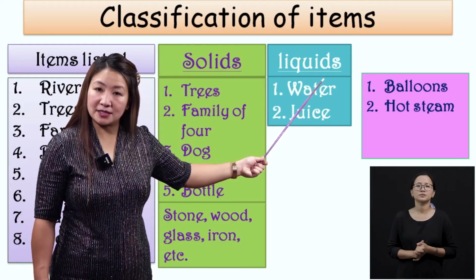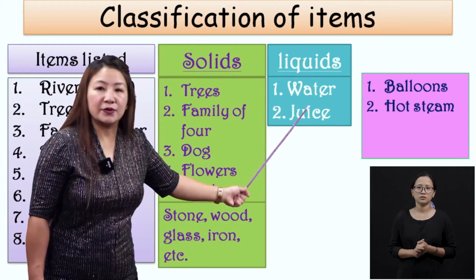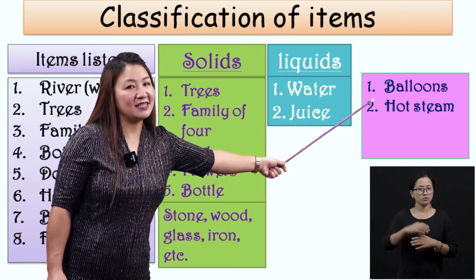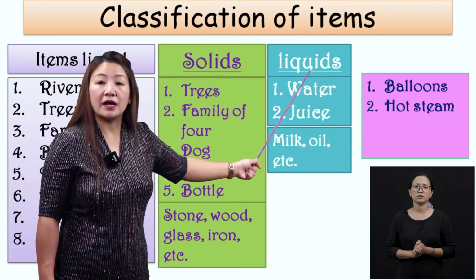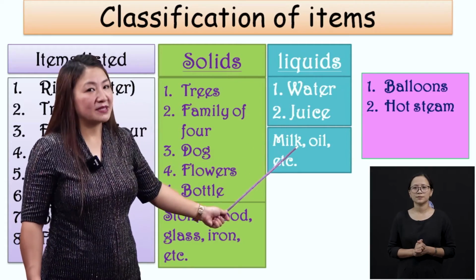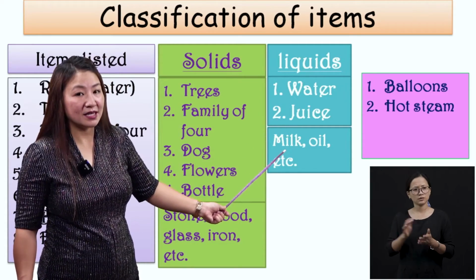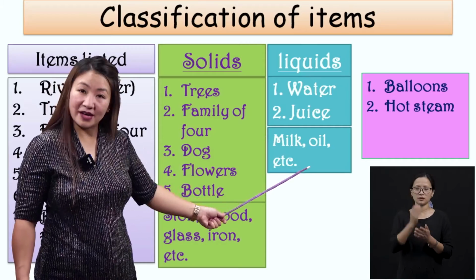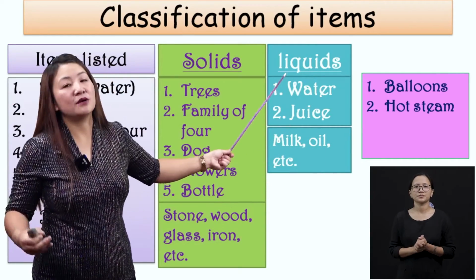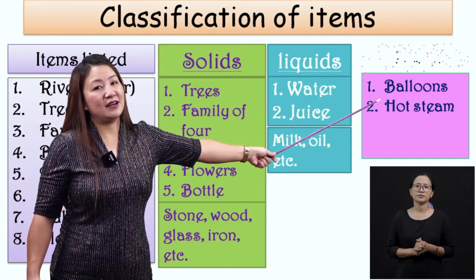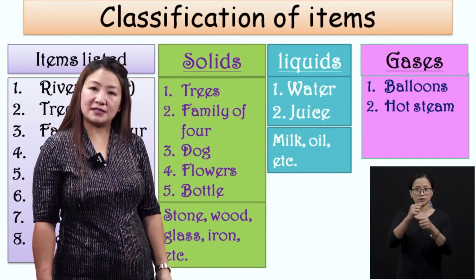L-I-Q-U-I-D-S. Liquids. Okay, the liquids, other examples, can you tell me? Milk, oil. Okay, they're all similar, yes or no? They flow, isn't it? So they're known as liquids, and these are known as gases.